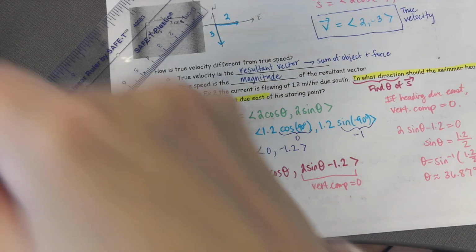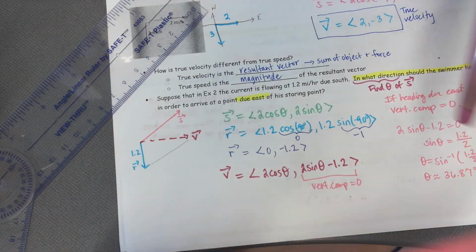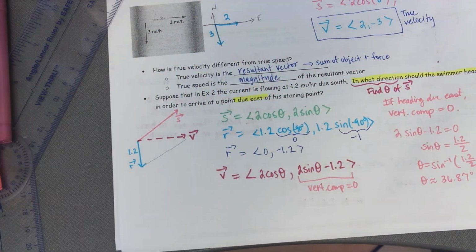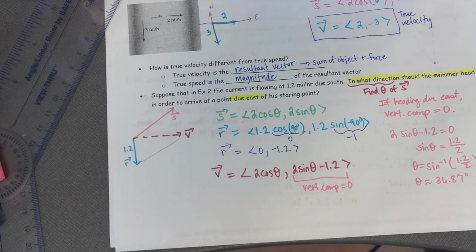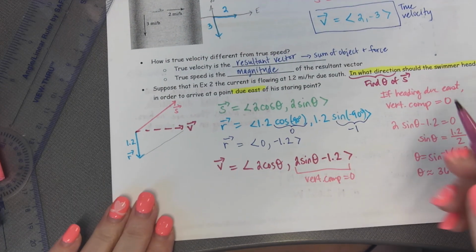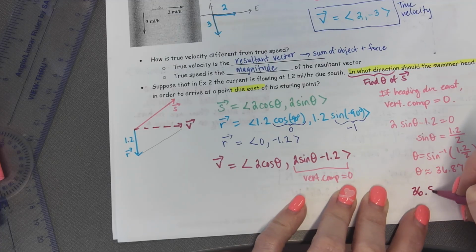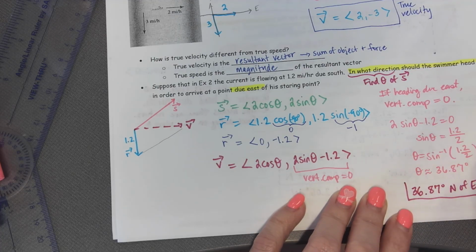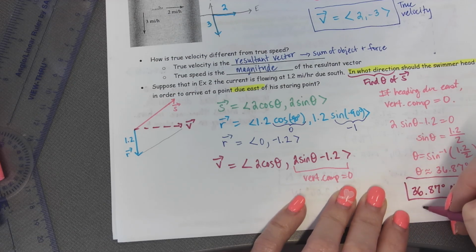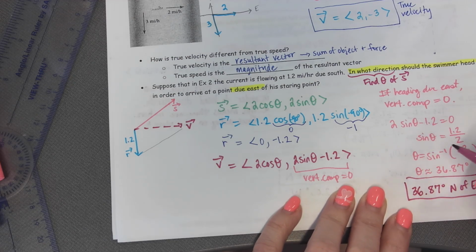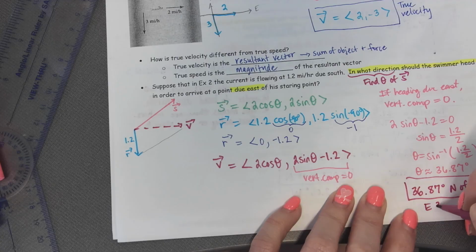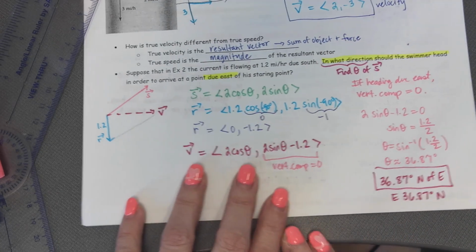Sorry, I guess you couldn't really see the end of that, but all right. So the bearing for this is going to be north of east, 36.87 degrees. You can say north of east, or you can say east 36.87 degrees north. That would be equivalent.